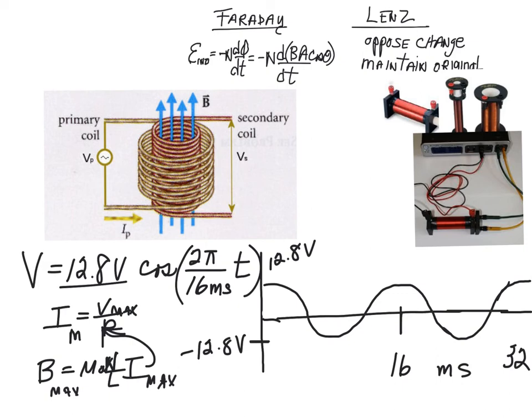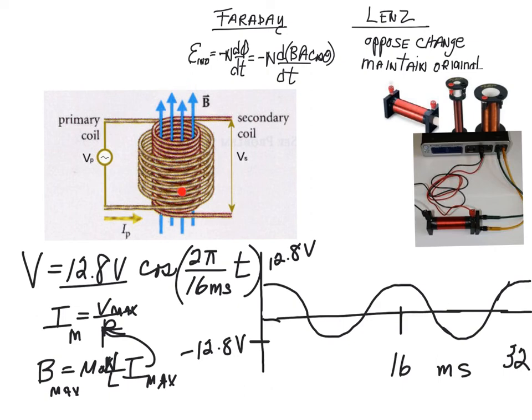So now what we want is we want to get the output. If we hook the secondary coil up to a meter, which is what this does, and we watch the output voltage, we're going to see that it varies also, because the flux is constantly changing.